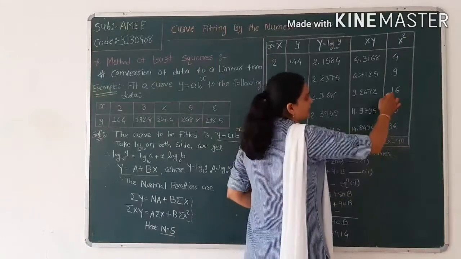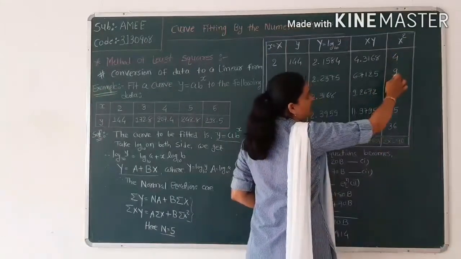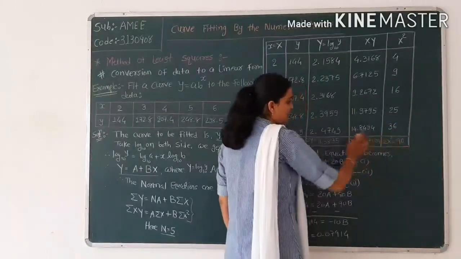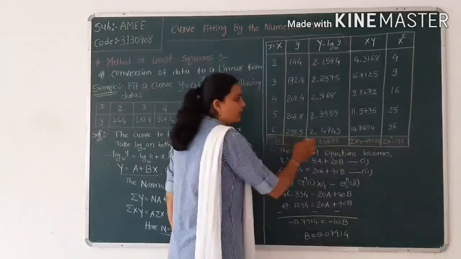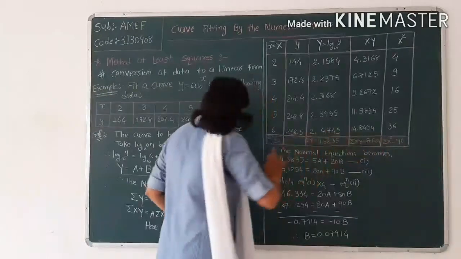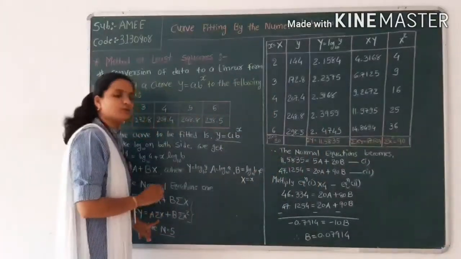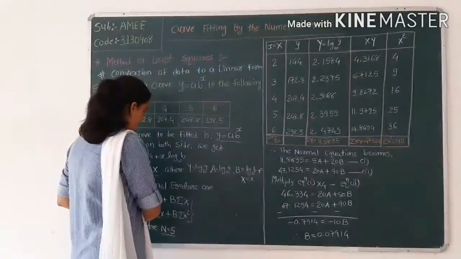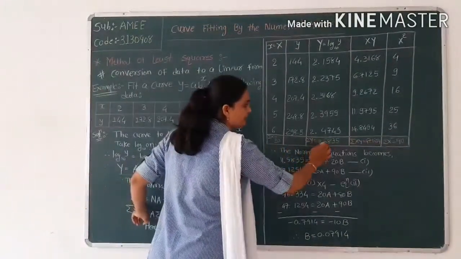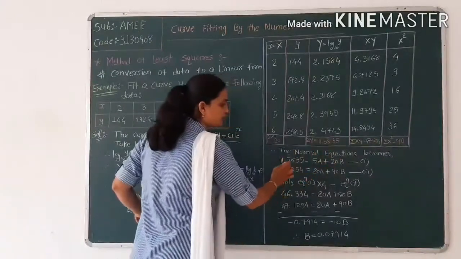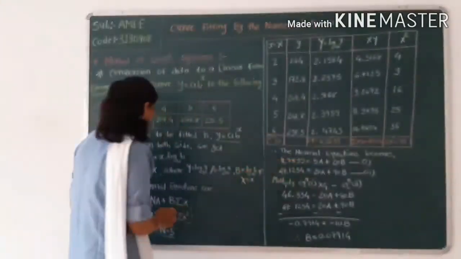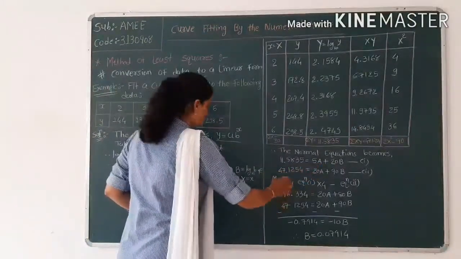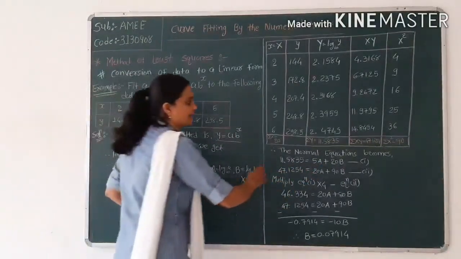And the sum of x square is 4 plus 9 plus 16 plus 25 plus 36, which is 90. Now we put all these values in our normal equations. First, summation Y is 11.5835, so 11.5835 equals 5A plus 20B.